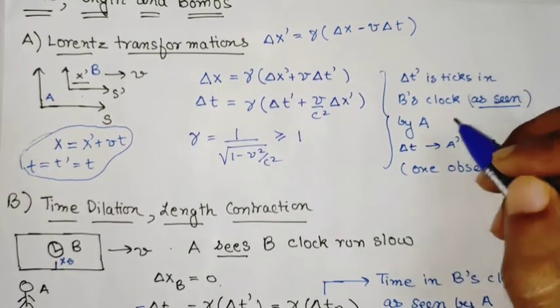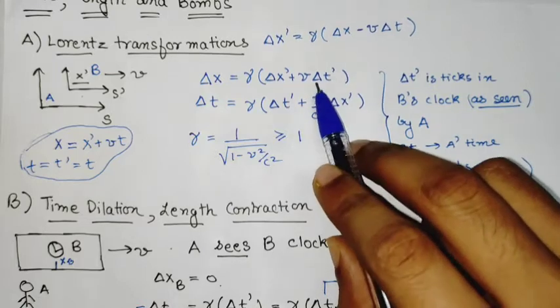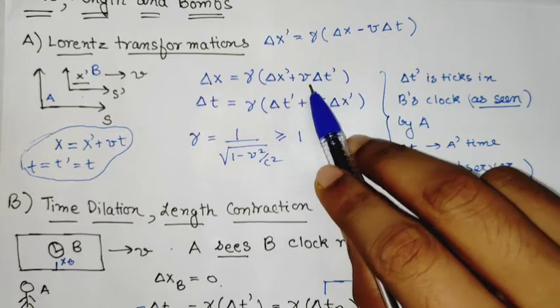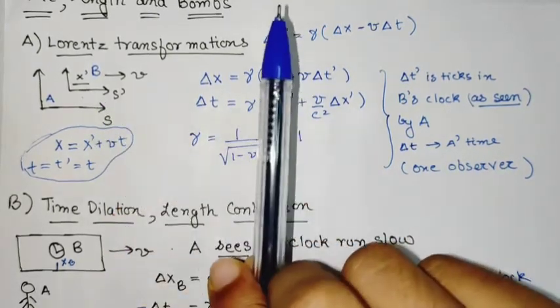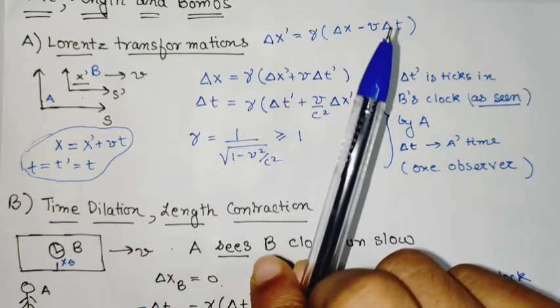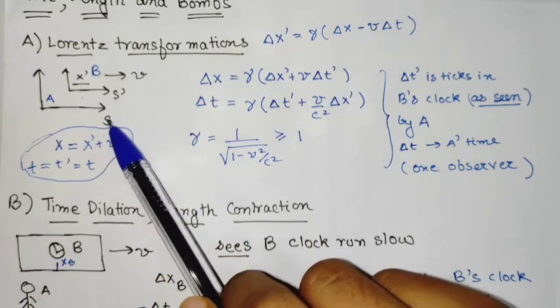It is important to understand what this delta t prime means. Delta t prime is the time difference of events that occur in S prime, but it is measured in S.